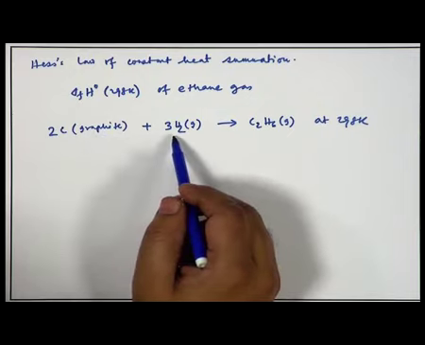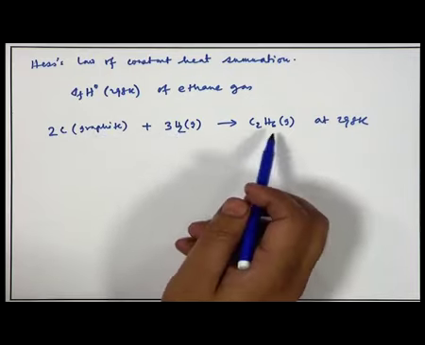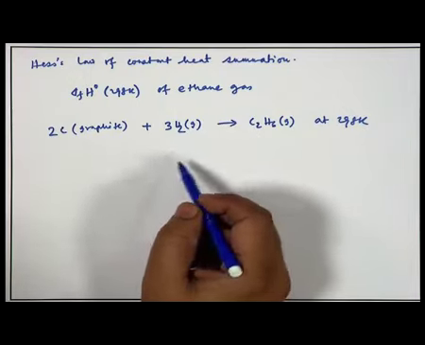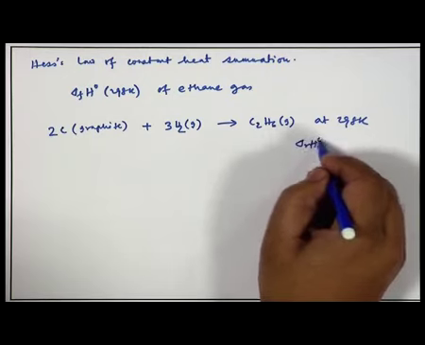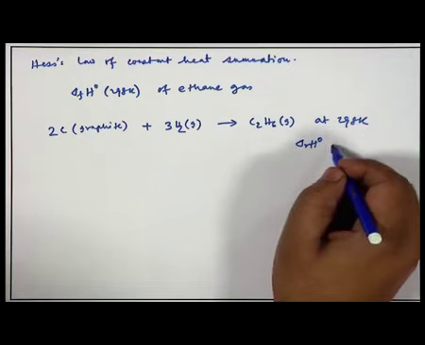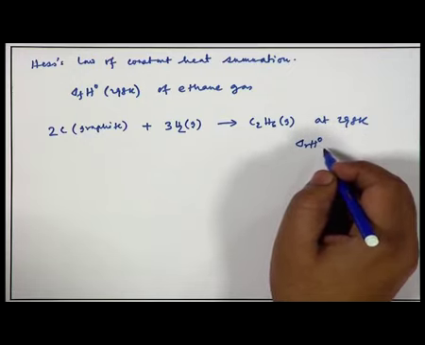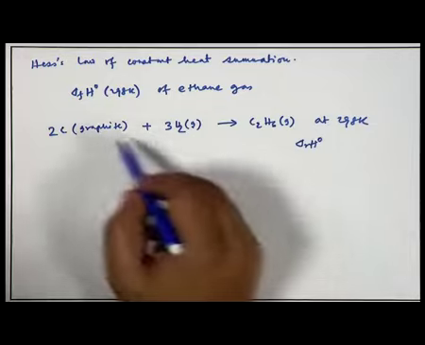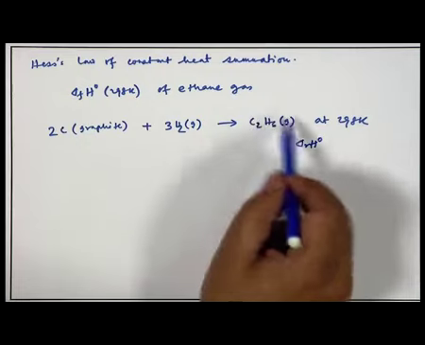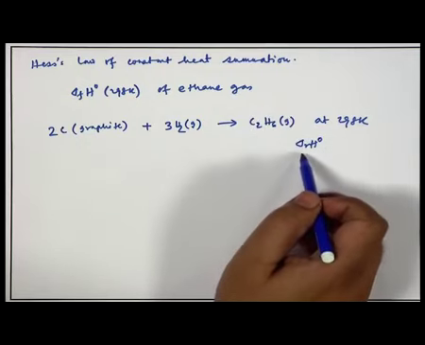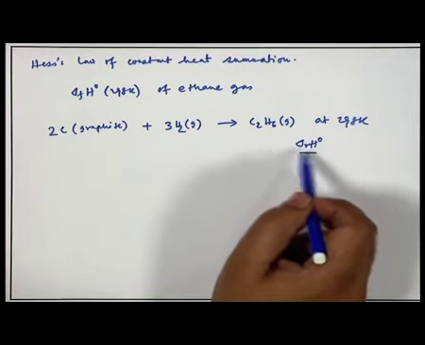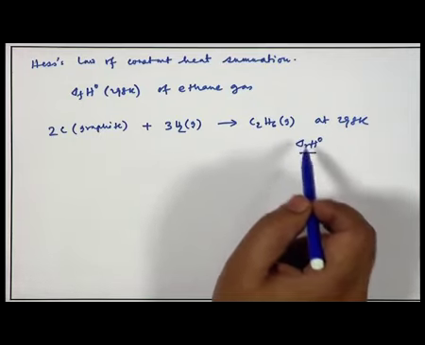Graphite reacting with hydrogen to produce ethane is not a common reaction. So, the enthalpy for this reaction at 298 K is not experimentally determinable.